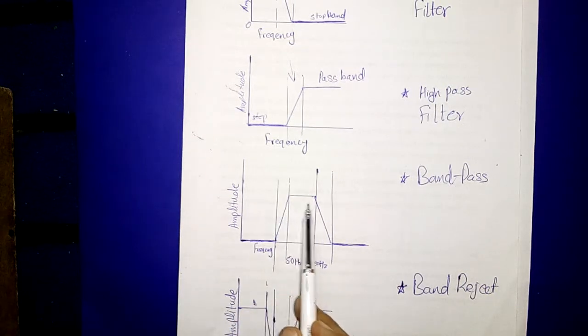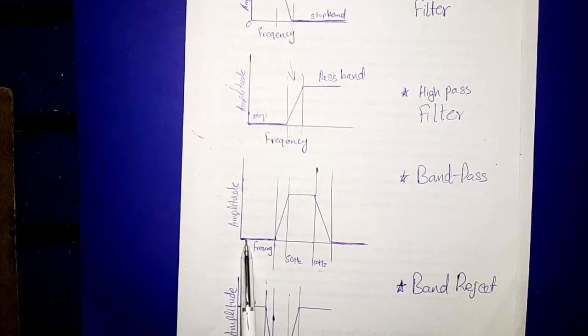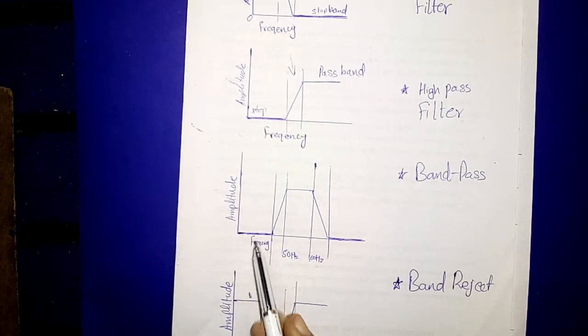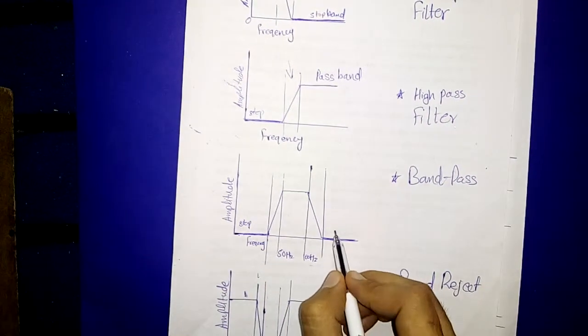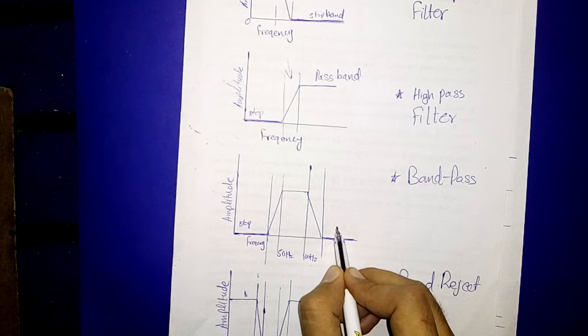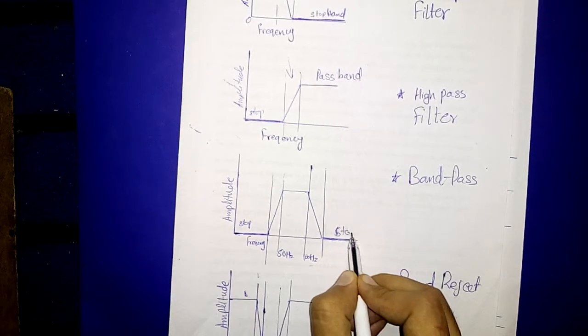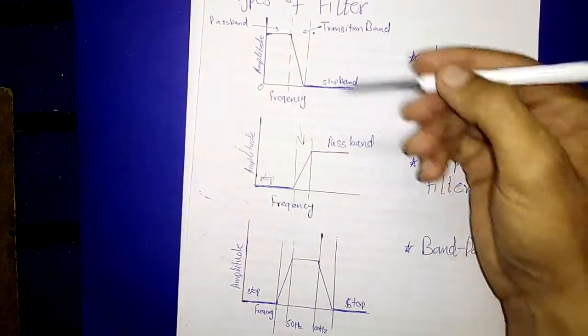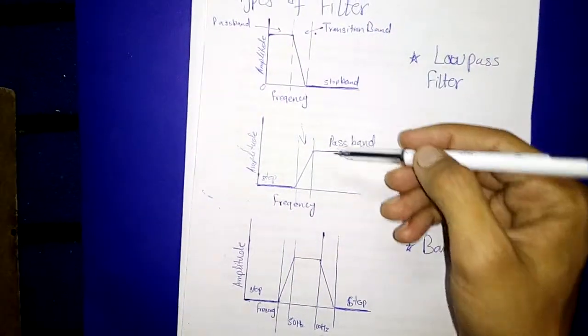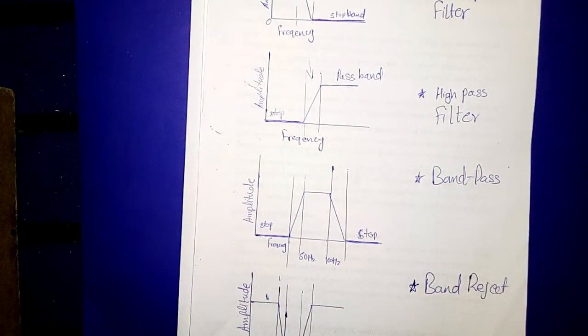Here we have some lower frequency being blocked in the stop band. This is the stop band, and this is the pass band. This is the stop band for higher frequencies. So it is basically the convolution. As you can see, if we convolve these two filters, we will have the band pass filter.